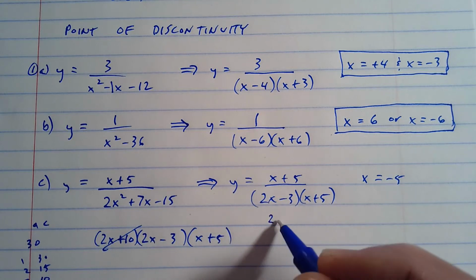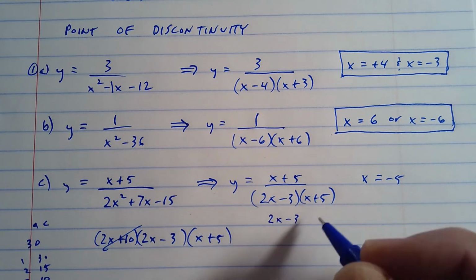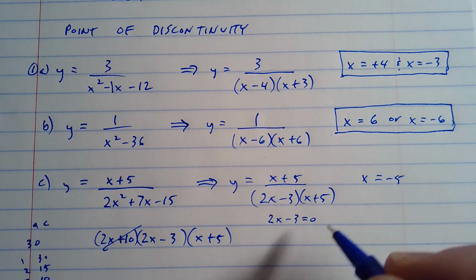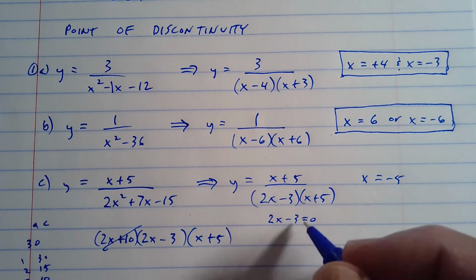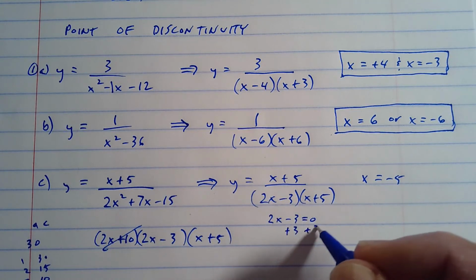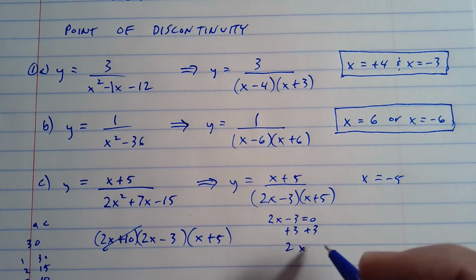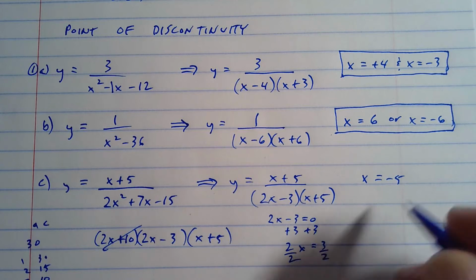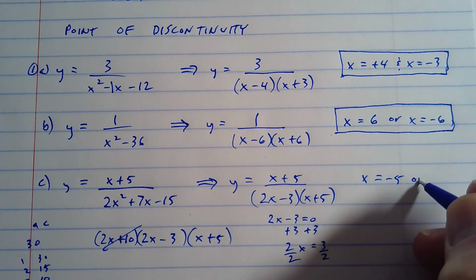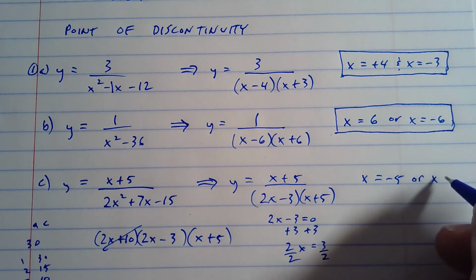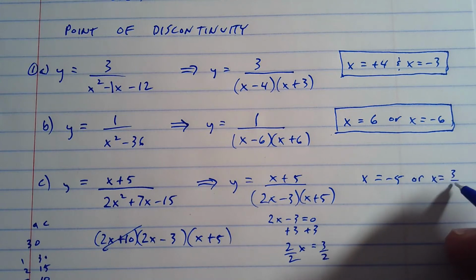In other words, I'm just doing the zero property on this, saying, all right, how could I get that equal to 0? I would add 3 to both sides, and we get 2x equals 3, and then divide away the 2. So my other point of discontinuity is x equals 3/2.